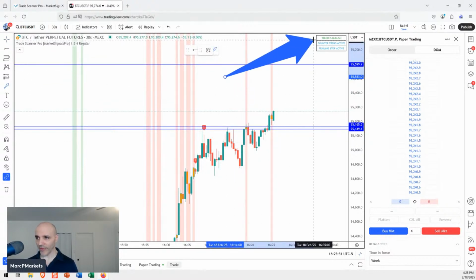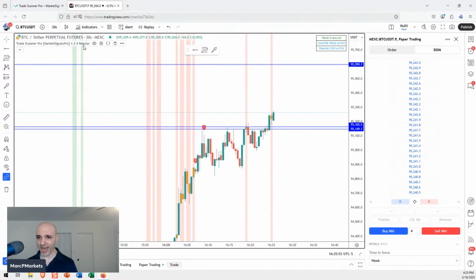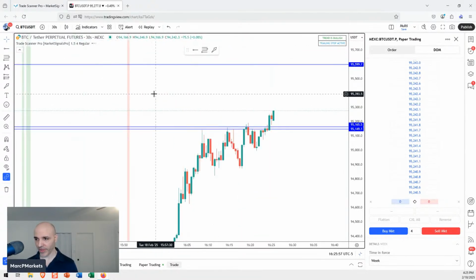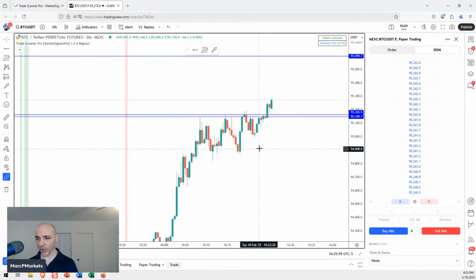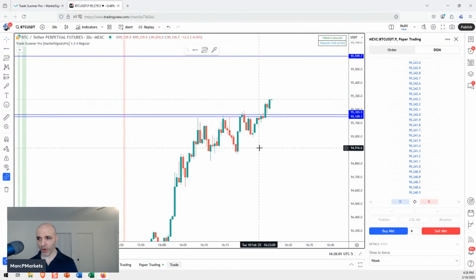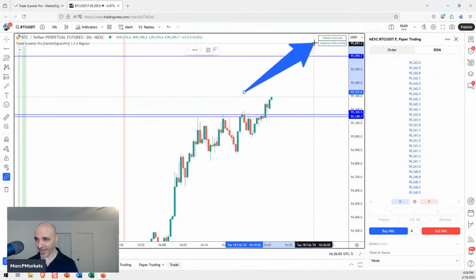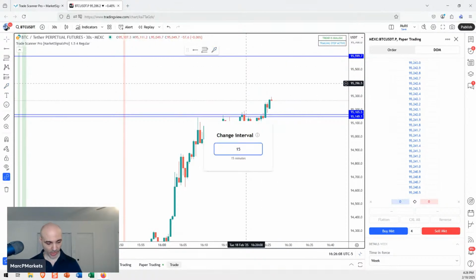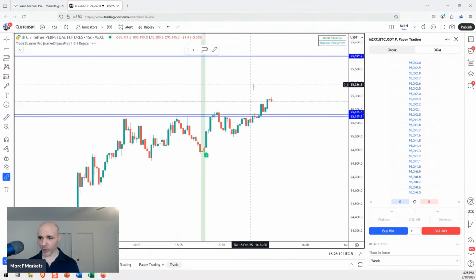Which means you have to wait for this thing to become a short. So right now I'm in counter trend mode. That means I would have to turn counter trend mode off, all right? And all those trades go away, as you can see, because I'm no longer in counter trend mode. And I have to wait until this thing becomes bearish and wait for sell signals. That's the more conservative way to do this.